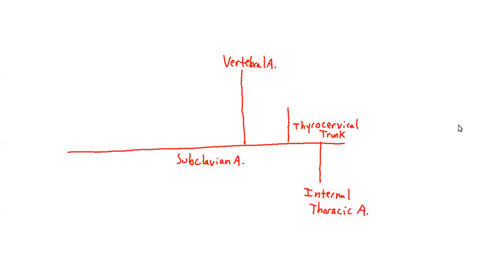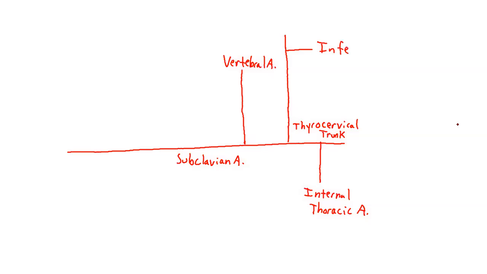Off of the thyrocervical trunk, we're going to have several branches. And what I like to do is draw each of those branches. We're going to have one coming off going to an anterior structure. I'm going to erase that real fast. That was not good.